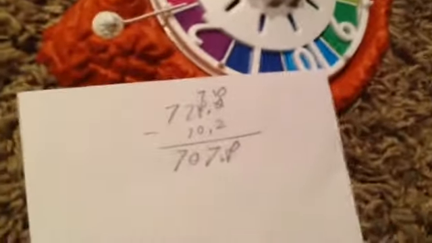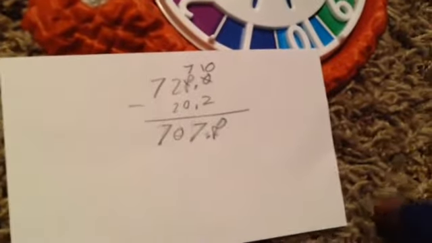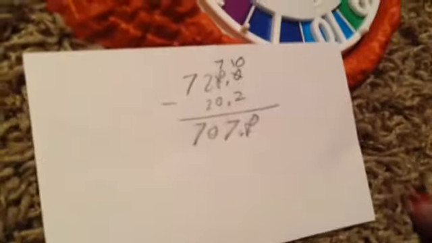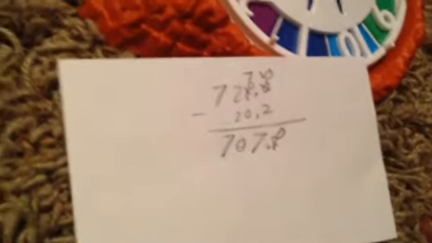This is what he got. It looks like he's got it right. He did it right. He did 728.0 minus 20.2 equals 707.8 grams of oxygen.